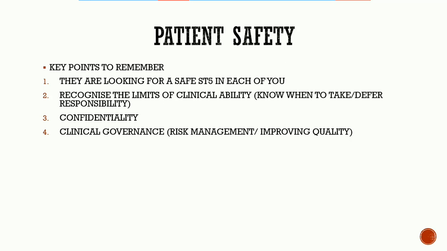Like in risk management, we often refer to something called incident reporting. Now, what is incident reporting? There are certain indications wherein we would be required to do an incident reporting. So basically, if any particular complication that is listed in the indications of incident reporting happens, you need to report.